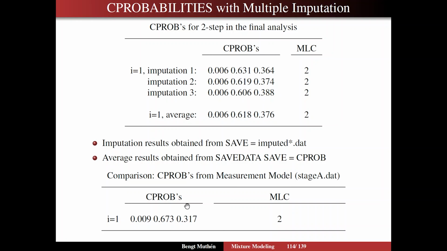They're a little bit different, particularly for the second class, but not terribly so. And so that is another way of comparing class probabilities, not the model estimated one, but the one obtained by C probabilities, comparing the first step and the last step to see how well the multi-step approach works.